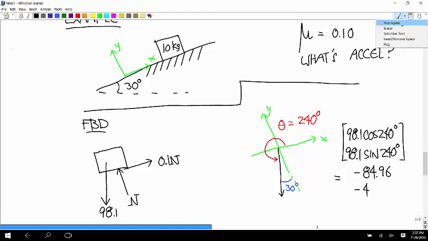Yeah, that makes sense. So negative 49.05 and then negative 84.96.